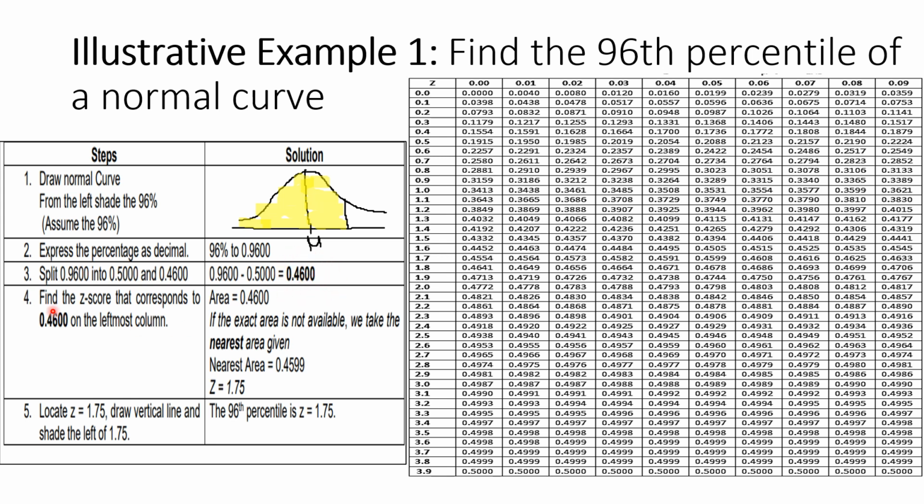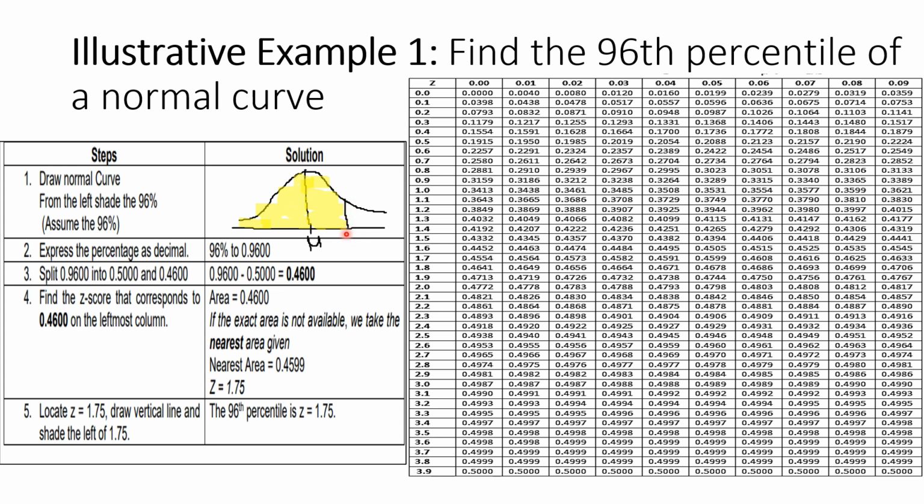For step 4, we get the z-score of this 96% using the 0.4600. We need the 0.46 area from the mean up to the specific z-score.